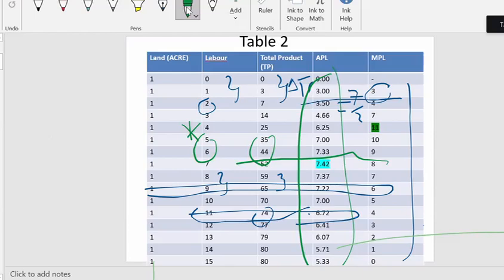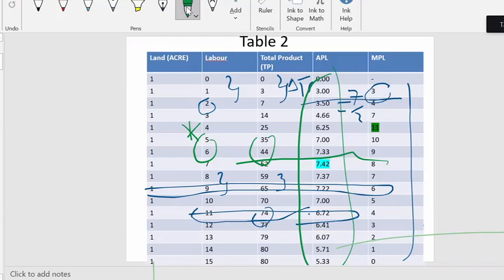Kwa sababu hapa by looking unaona kama output ya 80 ina faida, but in the real sense ukiajiri watu 4 you get more. So even if you are getting 25 bags, it's more than getting 80 bags because the marginal productivity is less here. You get it? Okay, let's proceed.